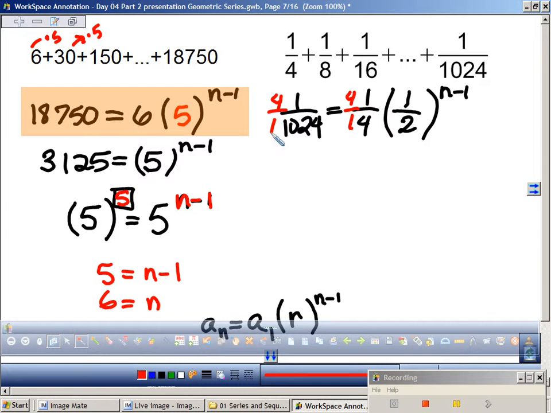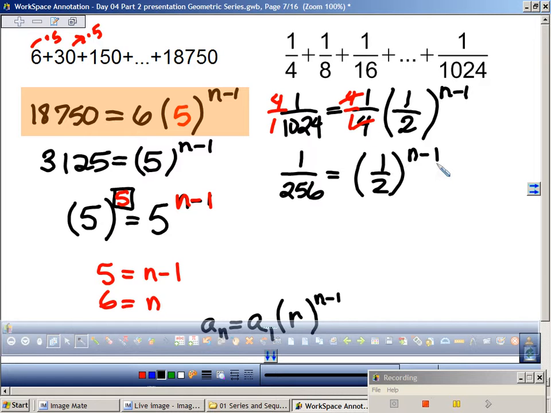So basically, there's a 4 in there, right? So factor out a 4. What's 1024 divided by 4? Thank you. All right. Finish it for me.